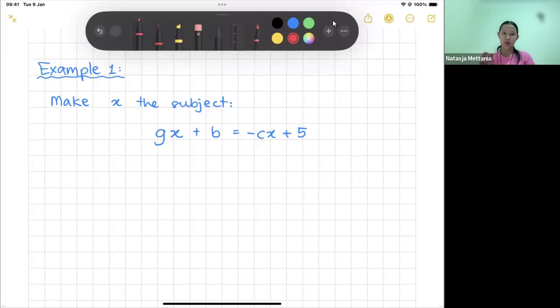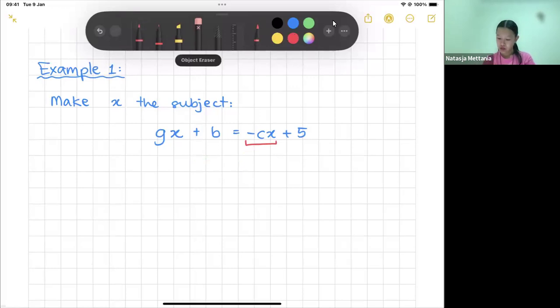If I want x to be by itself, I'm going to move any x's in the equation to the left-hand side. In this case, this negative cx is on the right-hand side. I want to move it to the left. For me to move something in an equation, I need to do the opposite of it.